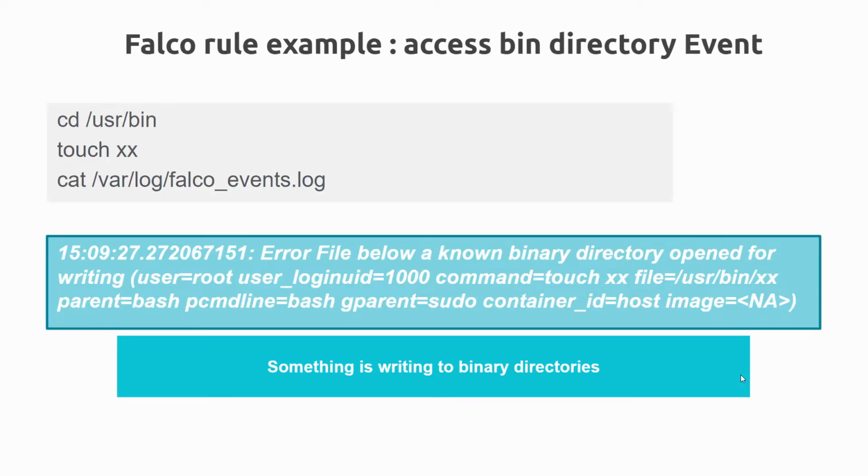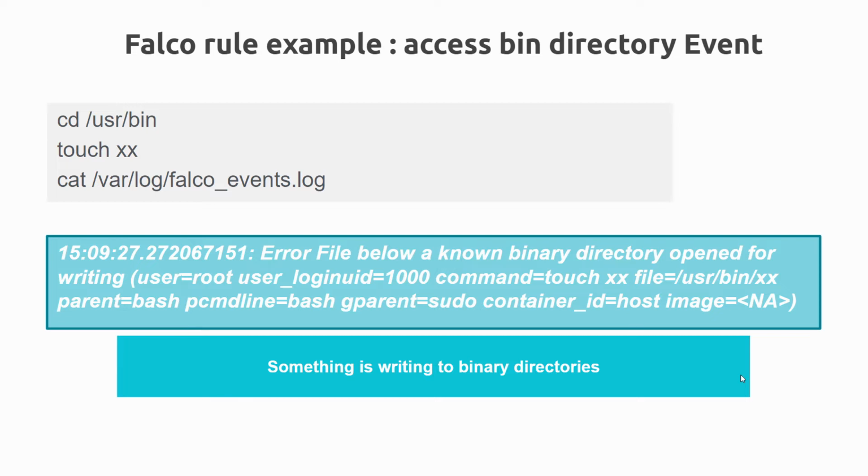So in this little example, yeah, it's a bit inactive, but don't worry, we are going to go to the active part quite soon. So here you can see that I switched to /usr/bin. I just created a little file called $x.